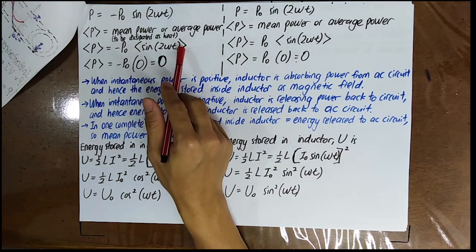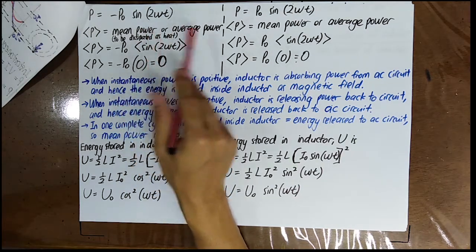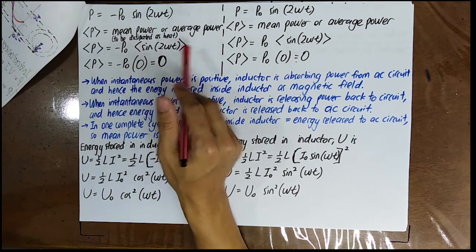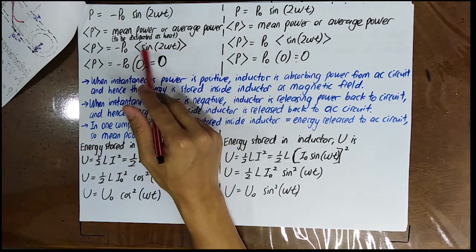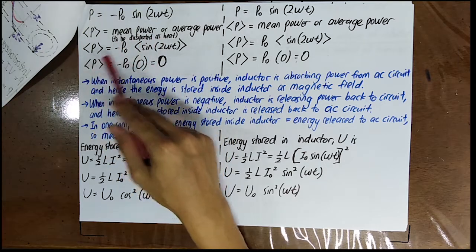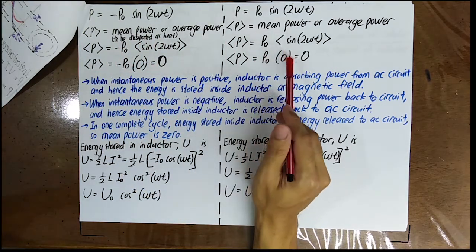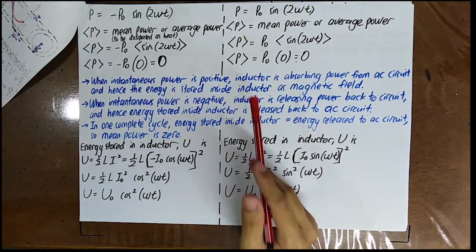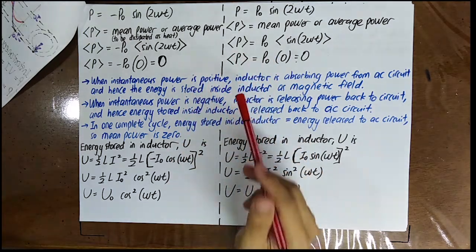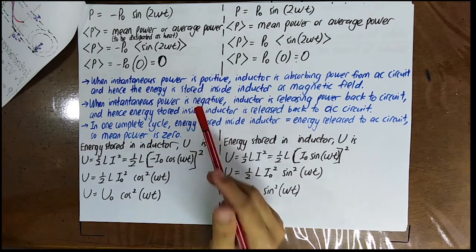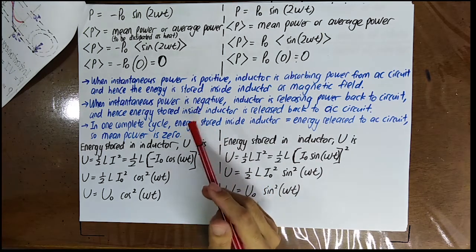The mean value for the sine square is half, but the mean value for sine function or cosine function is 0. That means that the mean power for the inductor in an alternating current is 0. That means that they will not dissipate any power. There will be no heat lost in an inductor.